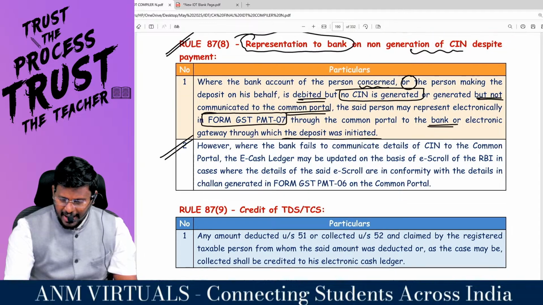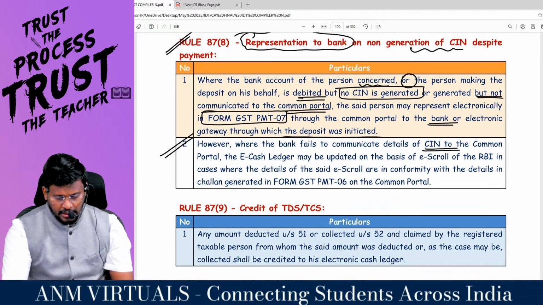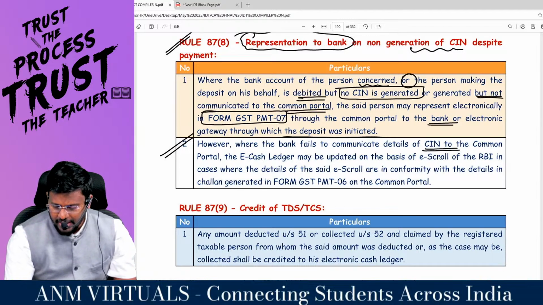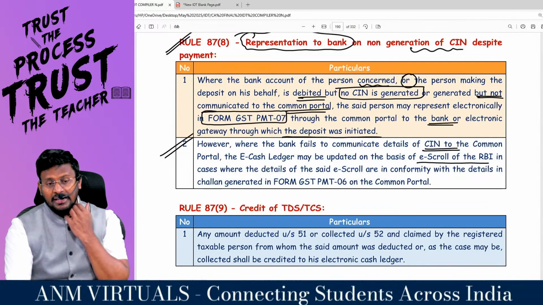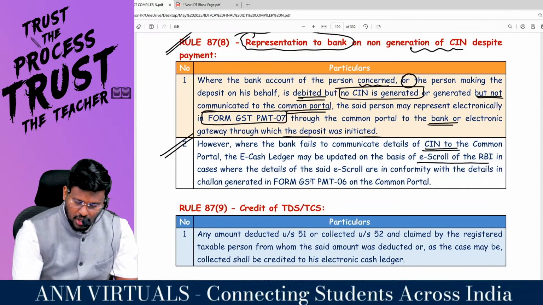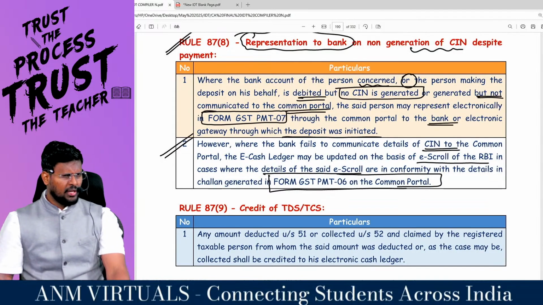However, where the bank fails to communicate details of SIN to the portal, the electronic cash ledger may be updated based on the e-scroll of the RBI, in cases where details of the said e-scroll are in conformity with the details in the challan generated in form GST PMT-06 on the portal.